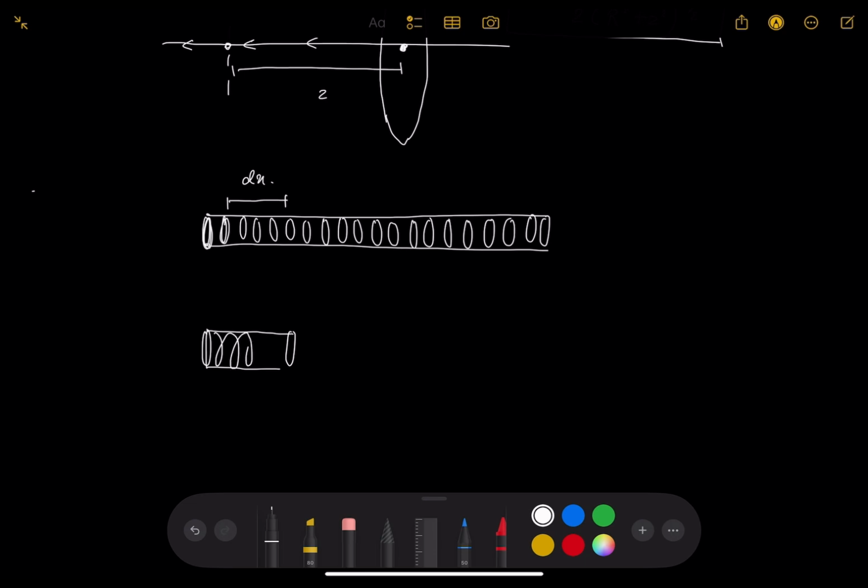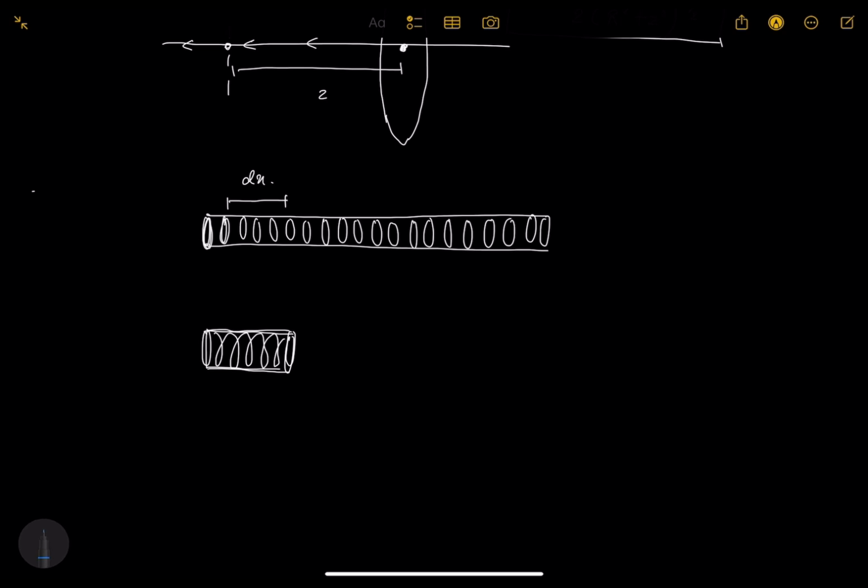Let's say this differential length dx basically consists of n turns, and this differential length dx of the solenoid will be associated with a certain magnetic moment vector given by dm, right?